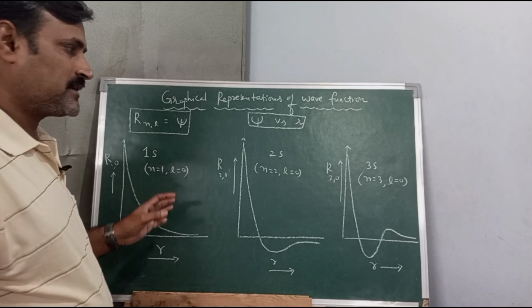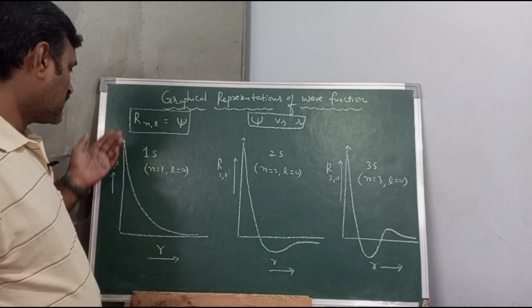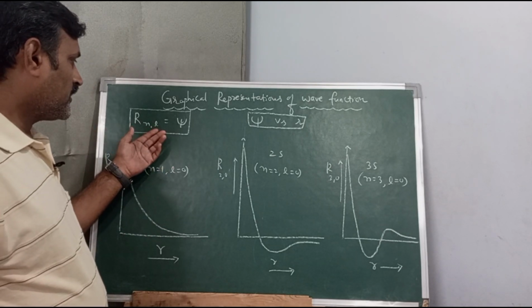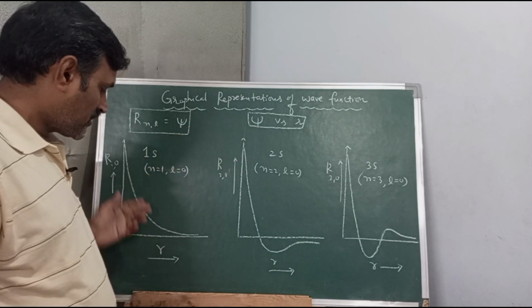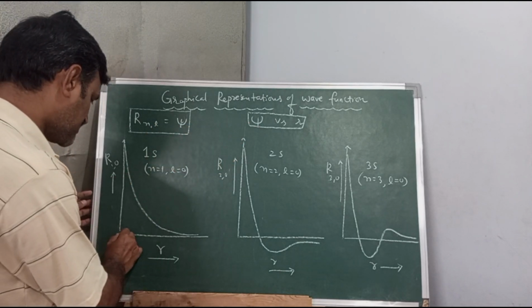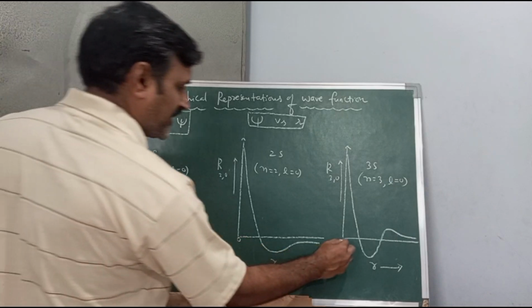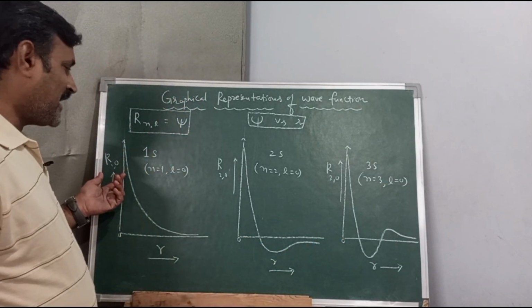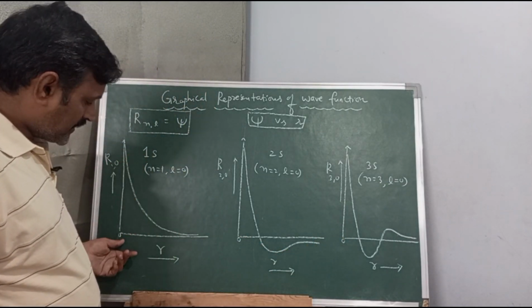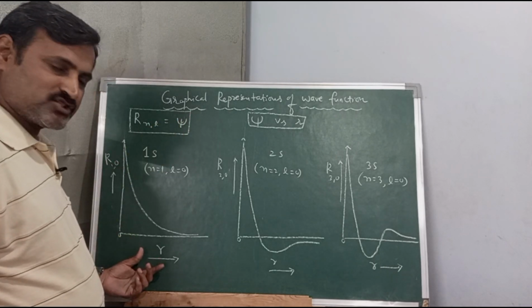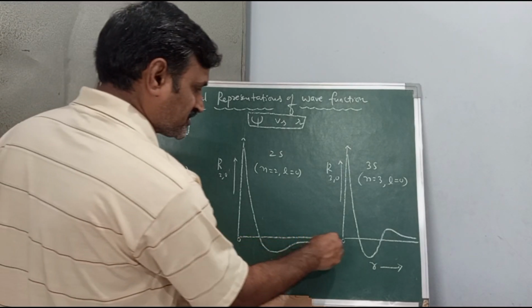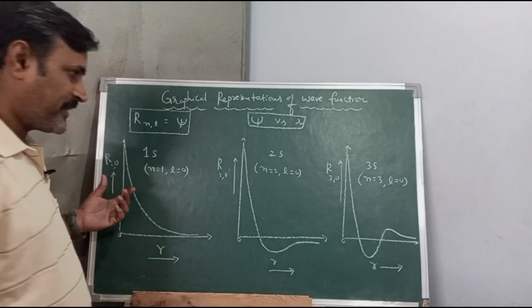Here R(n,l) is the wave function, and between the wave function on the y-axis and the radius on the x-axis, we observe graphical representations like this.